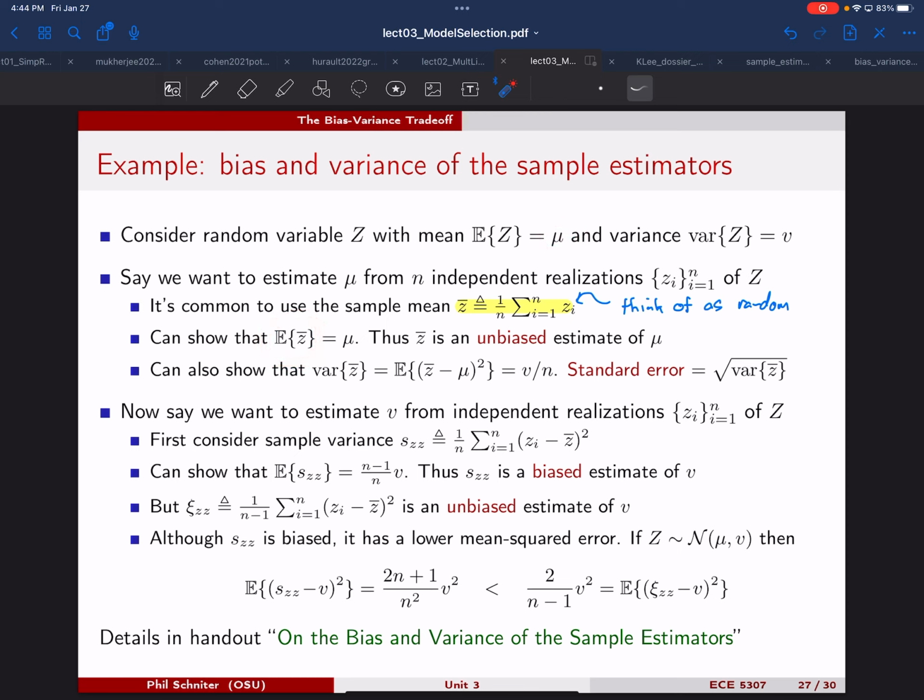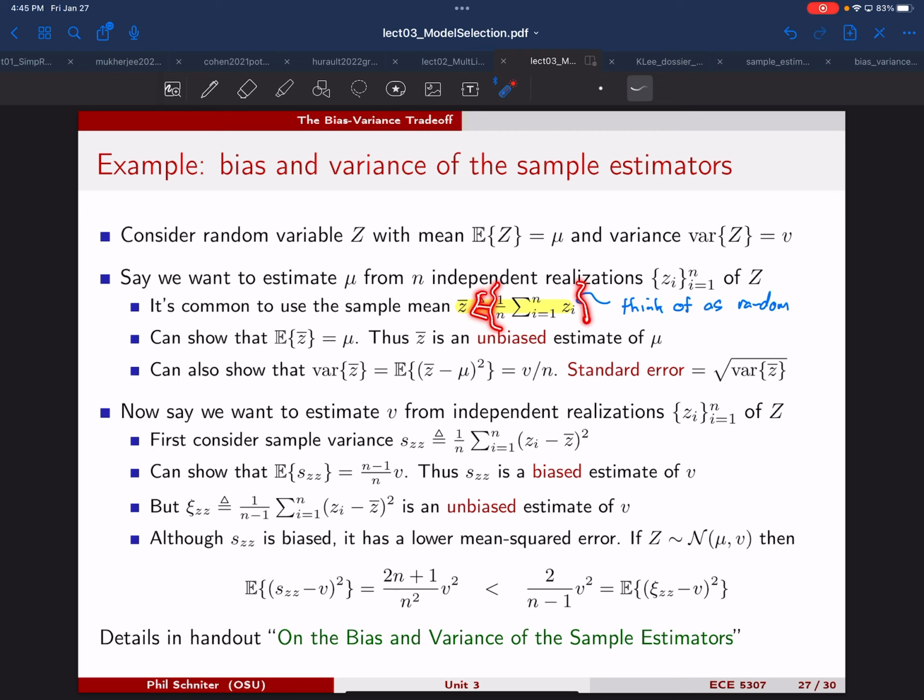Okay, and that analysis is actually relatively easy. Let's just imagine how you would do it. I just want to compute the expectation of z hat, or z bar. As we know, that means I would be looking at this expectation. And what's the first thing I could do to simplify this?